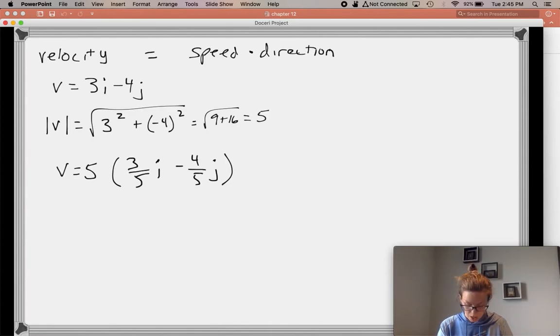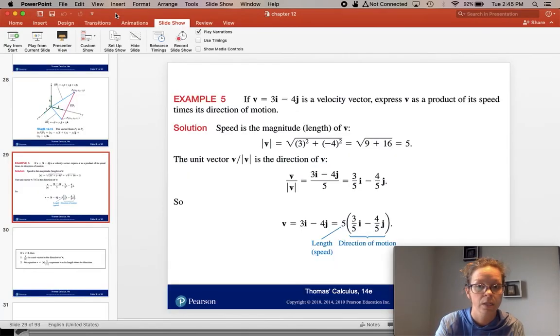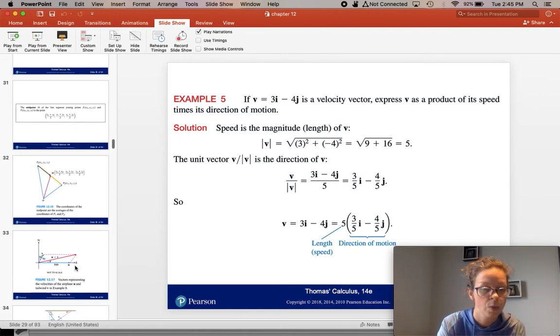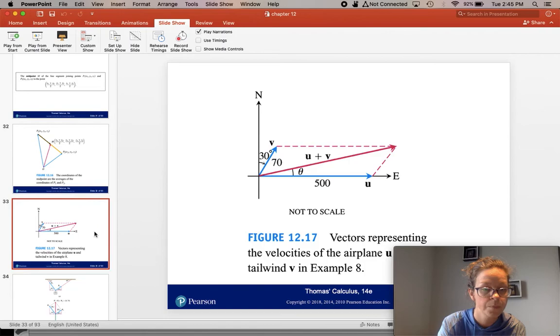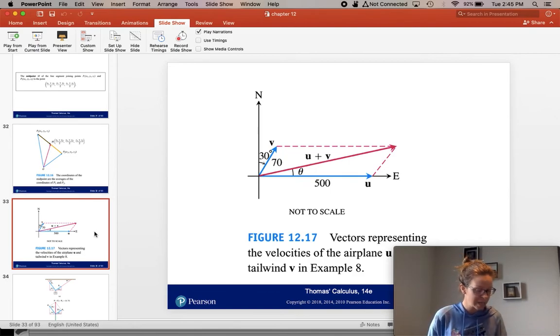All right. One more problem, and I think there's a slide to illustrate it. This is the problem we just looked at. One more problem I want to look at here. All right, so it's going to be a word problem. We're going to have an airplane. The airplane has a speed of 500 miles an hour heading due east, but then it encounters some wind.